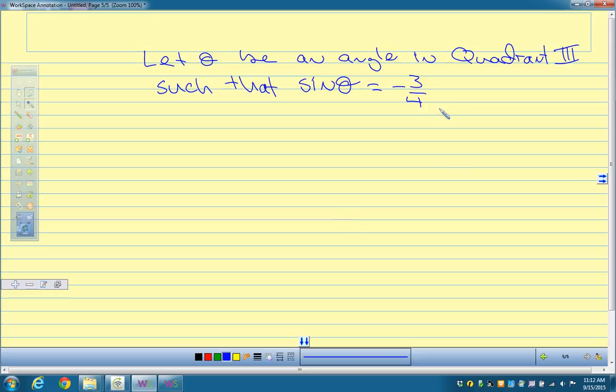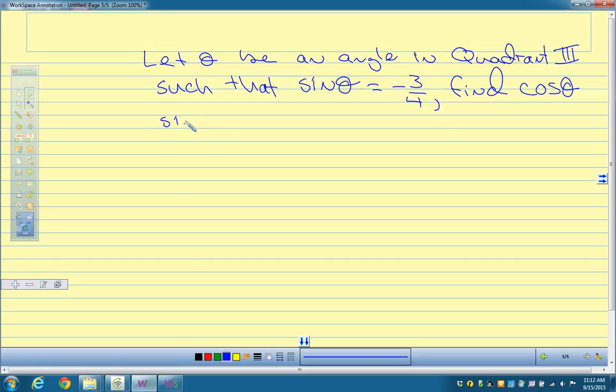Find cosine of theta. So we already did a problem kind of like this at the very beginning, but there's another way you can do this using the trig identities, and also paying attention to the reference angle and stuff like that. So find cosine of theta.